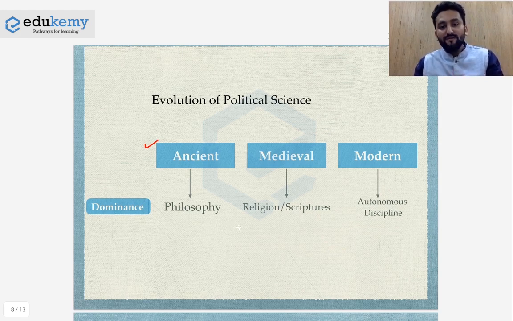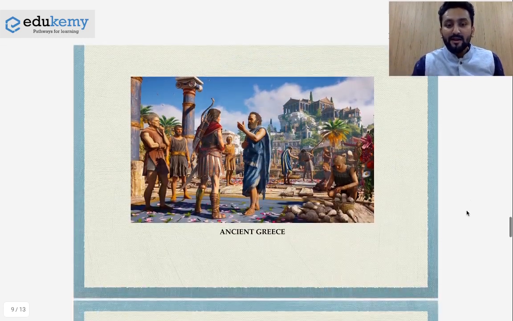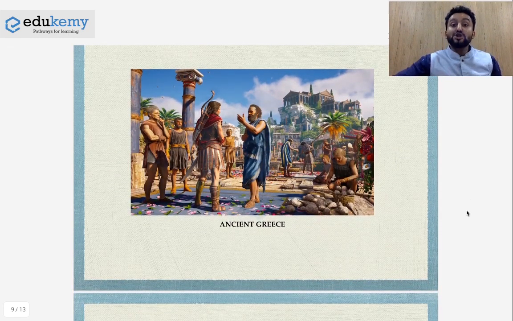In ancient time, dominance of philosophy; in medieval time, dominance of religion and scriptures; in modern time, political science established as an autonomous discipline. For example, in ancient Greece, philosophy, for example Socrates, Plato, Aristotle, they belong to Greece, right?